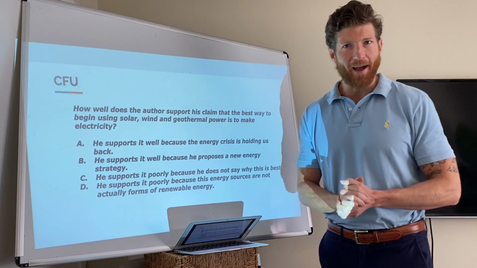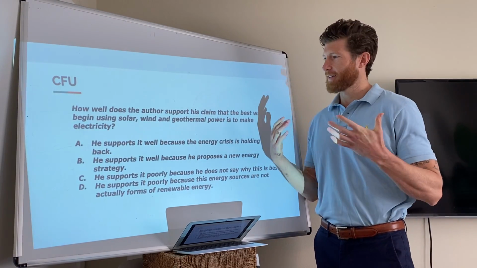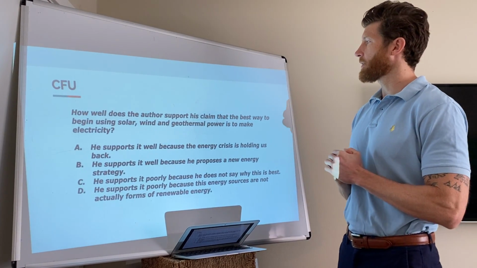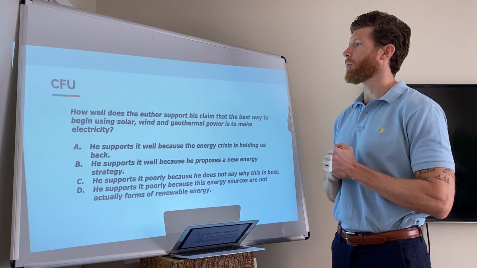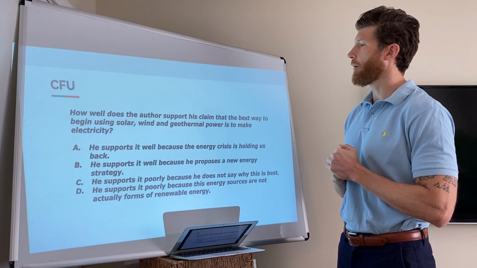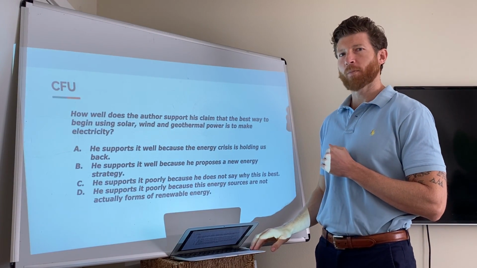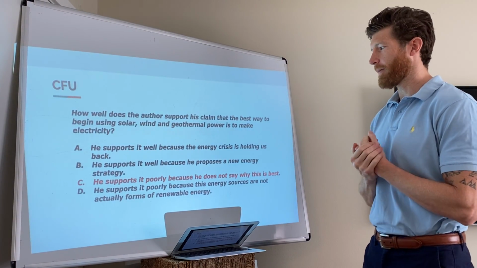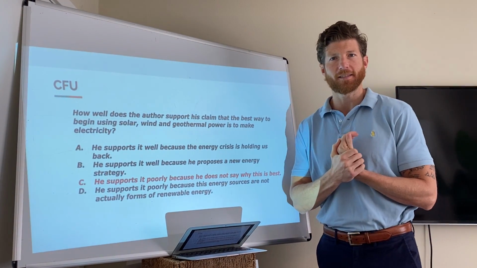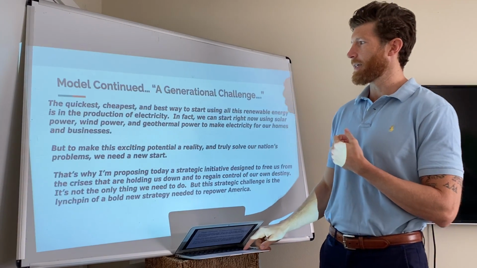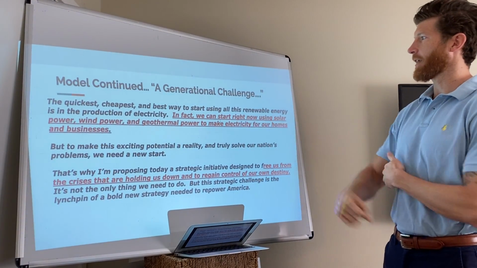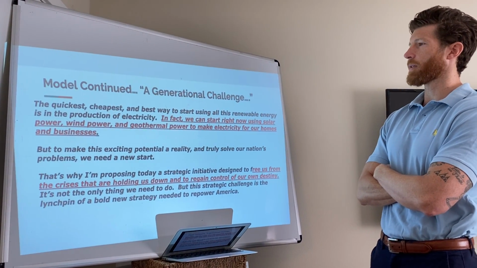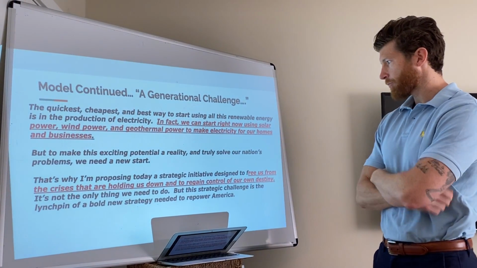All right, welcome back. So, CFU today, it's a tricky one. Again, how well does the author support his claim that the best way to begin using solar, wind, and geothermal power is to make electricity? Correct answer here is C. He supports it poorly because he does not say why this is the best, okay? As you can see, all he says is, in fact, we can start right now using solar power, wind power, and geothermal power to make electricity for our homes and businesses.